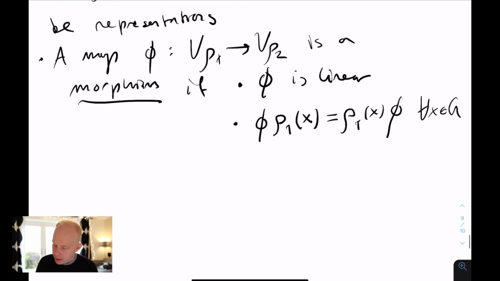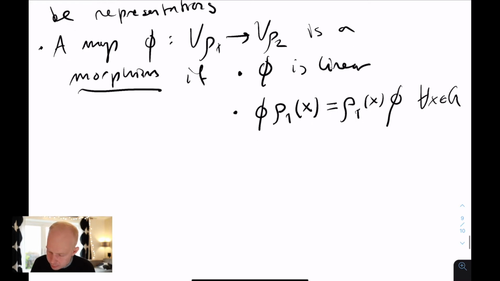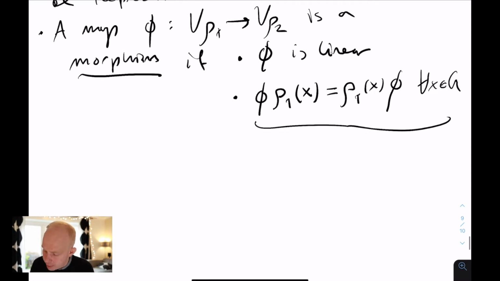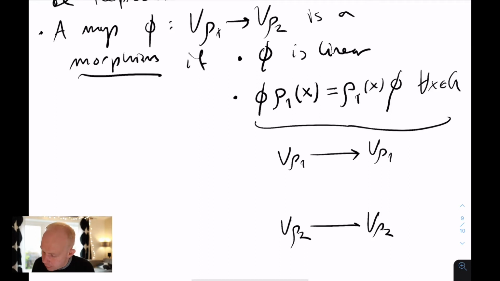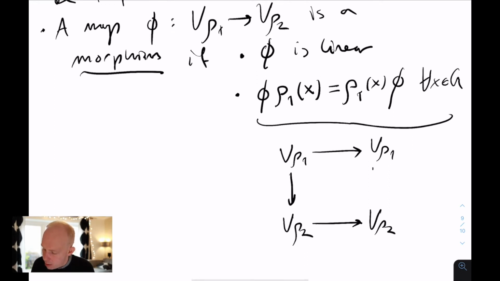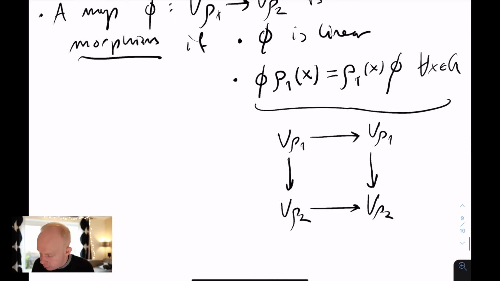So what does the morphism mean basically? If you notice, it's like a commuting diagram. You could have here V rho 1 and V rho 1, and then V rho 2 and V rho 2, and then you have a mapping from here to here, where we basically have two ways of going through.